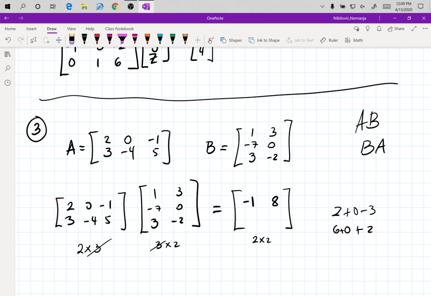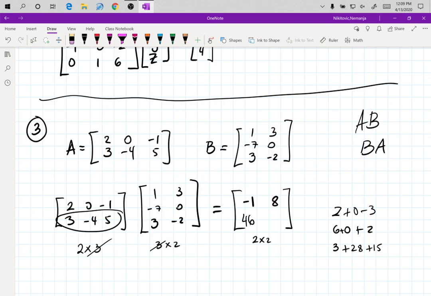Then I move to the next row and the column over here. So that's 3 times 1 is 3, negative is plus 28, plus 15. That's 18, 28, 46.